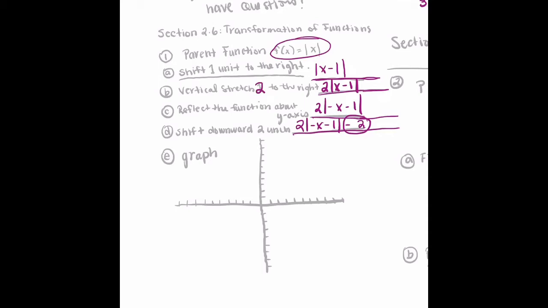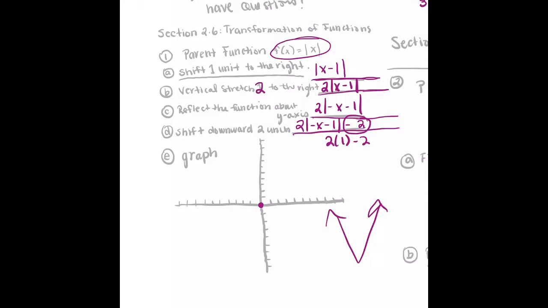And let's start with something basic to plug into that, like 0. Negative 0 minus 1 is negative 1, but it's in absolute value, so it's 1. So 2 times 1 minus 2 is 0. So we know we have a point at 0, 0. And we know the absolute value function looks like this.